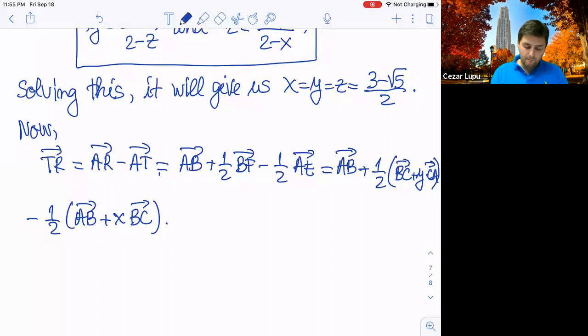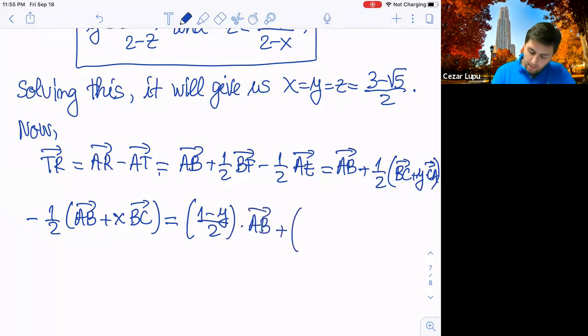Okay, now we know TR vector. If we do all these computations together, this will be (1 minus y over 2) AB vector plus ((1 minus x minus y) over 2) BC vector.